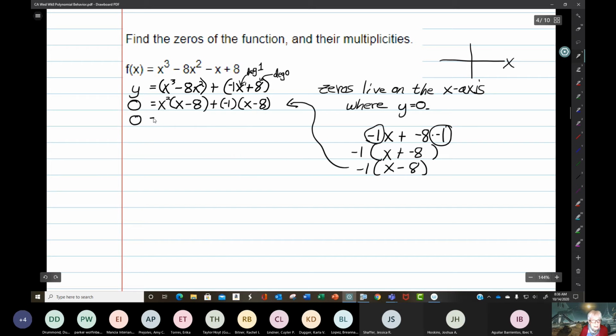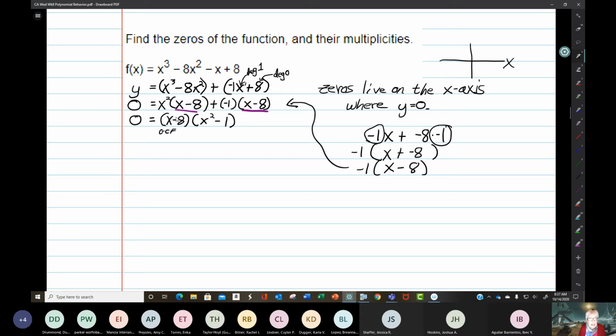Okay, 0 equals. Now x minus 8 is the GCF because it occurs on the left side of that plus sign and on the right side of that plus sign. So I am going to pull out x minus 8 as the GCF. And then the leftovers are x squared plus -1.